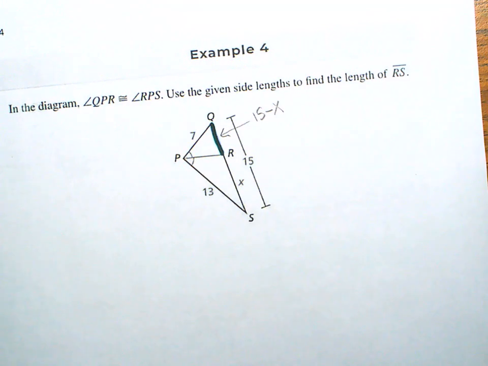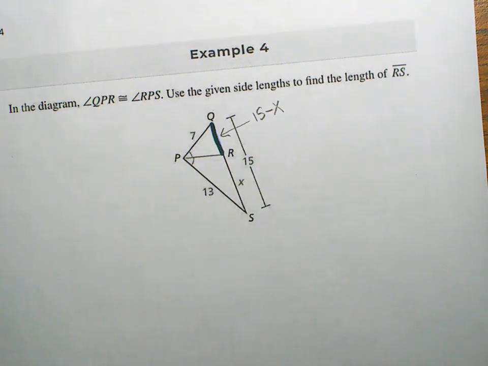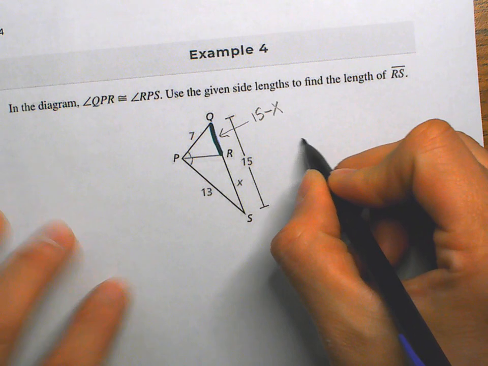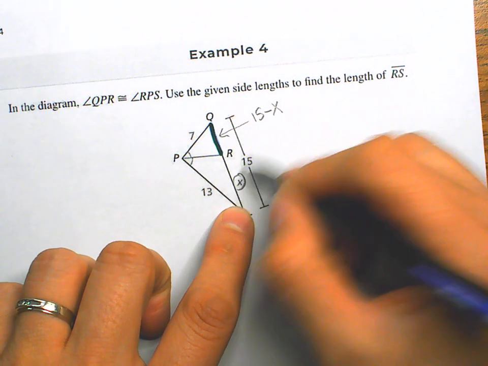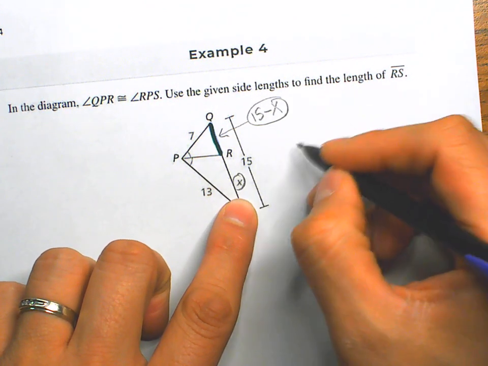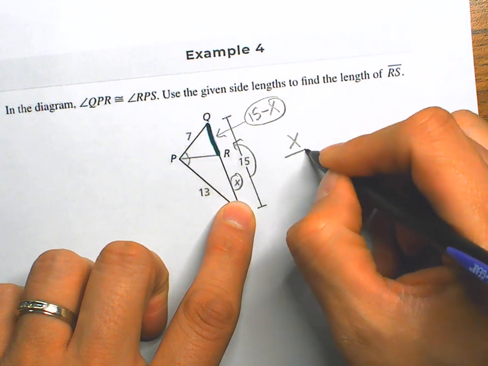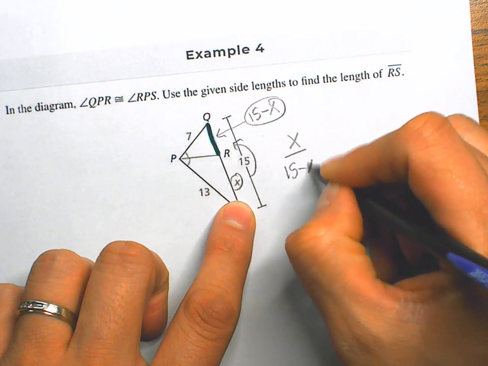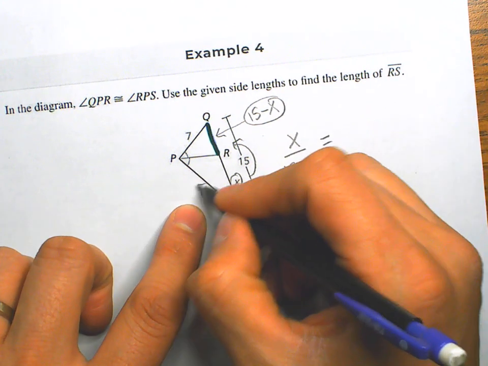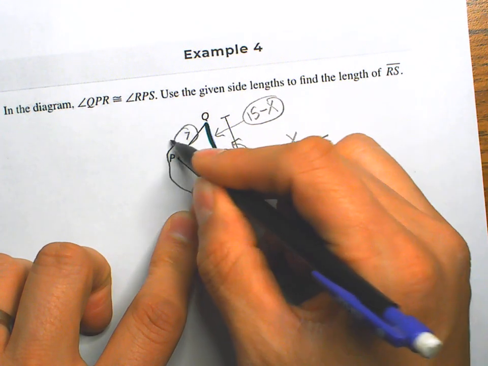Now I get to set up my ratio. How's my ratio going to look? Well, it's going to be x is to 15 minus x. Remember, this is to this. X is to 15 minus x as 13 is to 7.